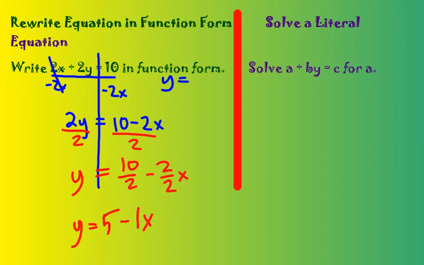The second example on the right is similar, except now there are even more variables. But we go through the exact same process. Here we're trying to solve for a. There's our a. What do we have to get rid of? We have to get rid of that plus by. How do we get rid of plus by? We subtract it.